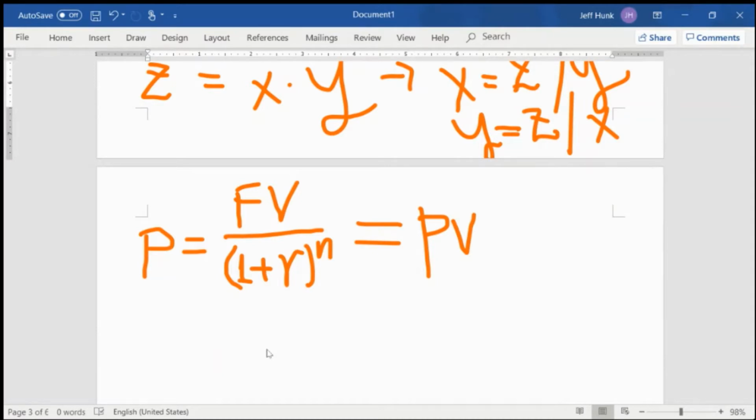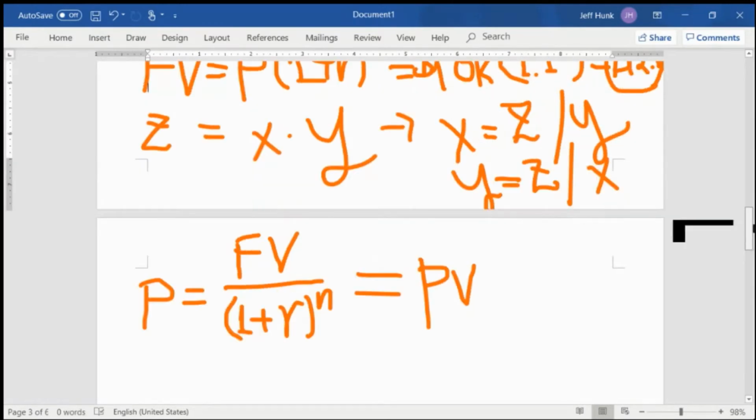If you're standing in the future and looking at the present, the present is past, but from the future's point of view, principal is called present value. Make sense? No matter how complex, this is fairly easy and straightforward.